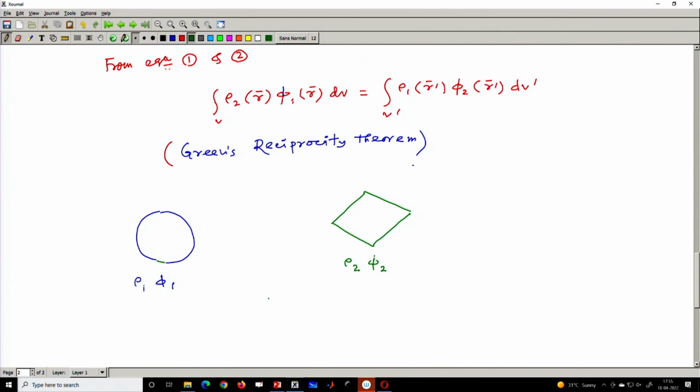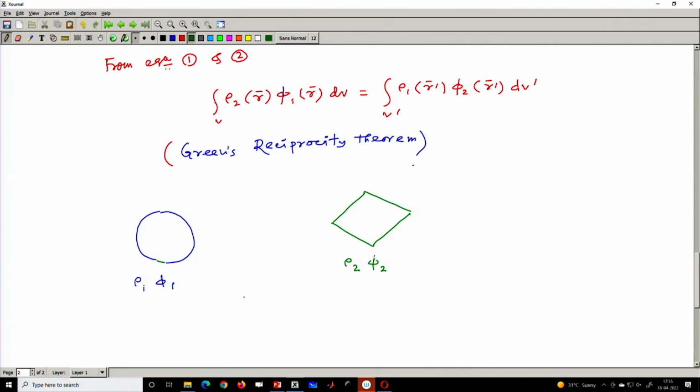So, these are two different systems, but from the Green's reciprocity theorem you can see that at some point r, whatever charge density you have, if you multiply it by the potential due to the charge distribution rho 1 at that particular point and integrate it over the volume, the value is exactly the same.